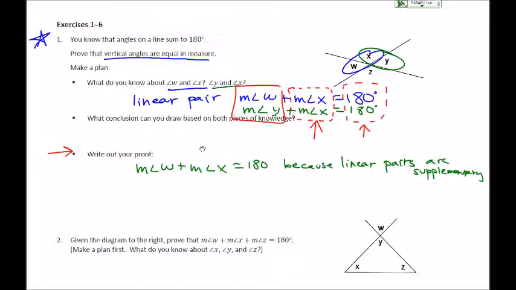I will also say that the measure of angle Y plus the measure of angle X is 180 for the same reason. Next, I'll do something very similar to what I just did in the previous proof and say, well, they both equal 180, so by the substitution property of equality, the measure of angle W plus the measure of angle X must equal the measure of angle Y plus the measure of angle X.